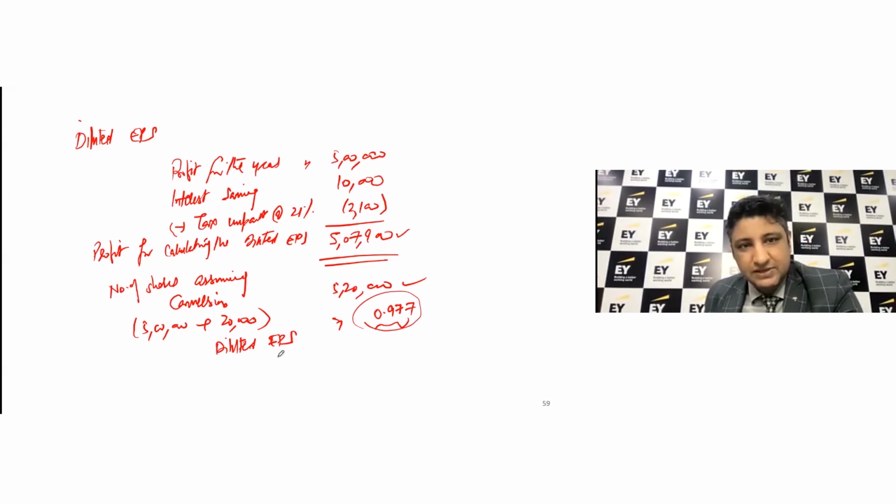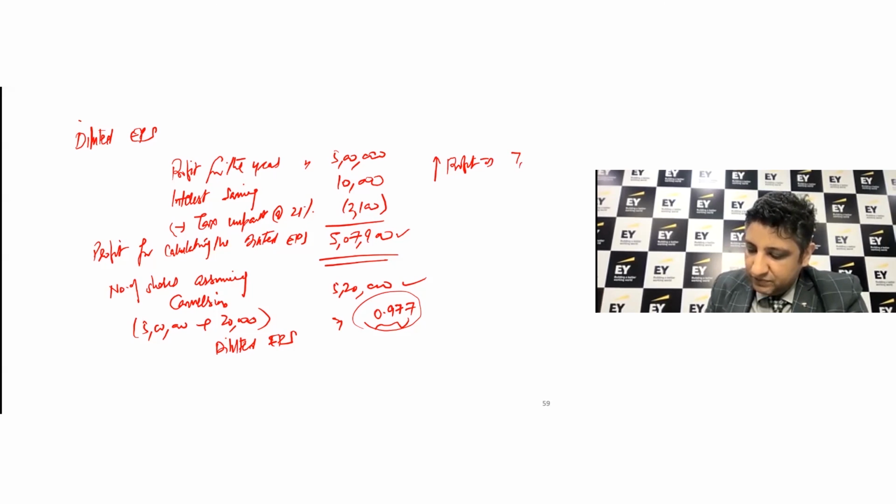Okay. Of course, there was one more requirement. We were supposed to calculate the incremental earnings per share. So we're looking at what is the incremental profit. That is, of course, 7,900. And then looking at incremental number of shares, which is 20,000.